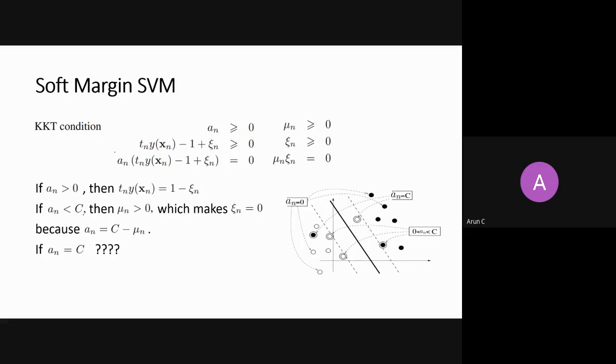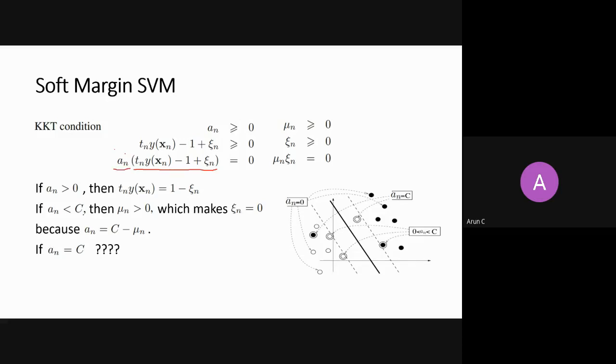The complementary slackness condition says that a_n, the Lagrangian multiplier, when multiplied by g(x), should be equal to 0. So if a is greater than 0, it means my constraint is active, and hence g(x) must be 0, because the product of these two terms should be 0.